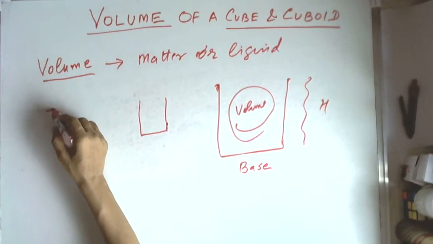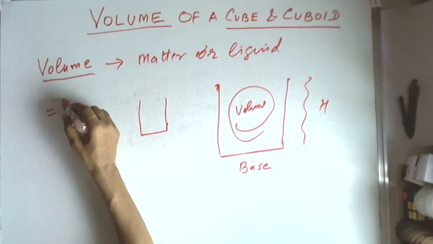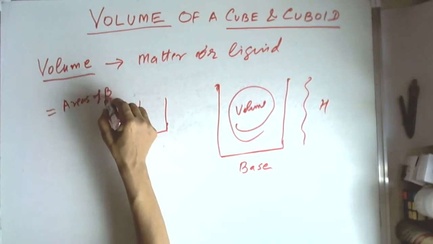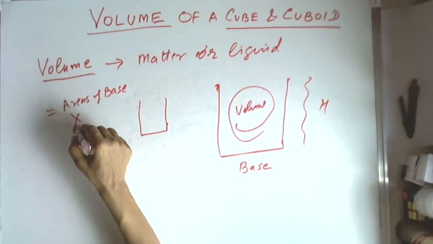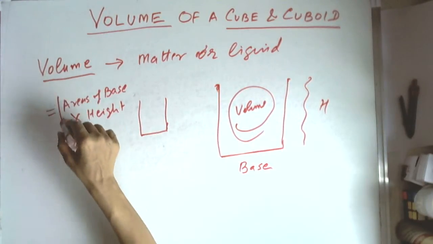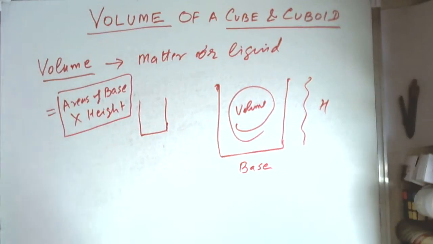So the fundamental formula of volume is area of base into height. This is the basic formula of volume.